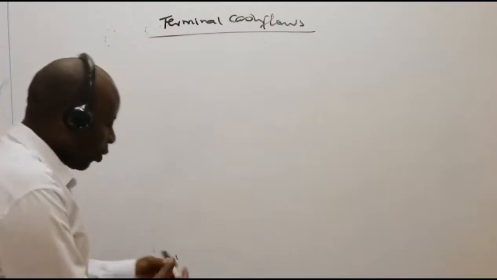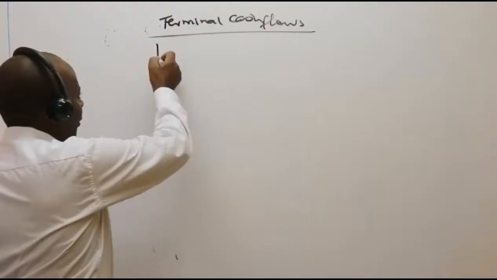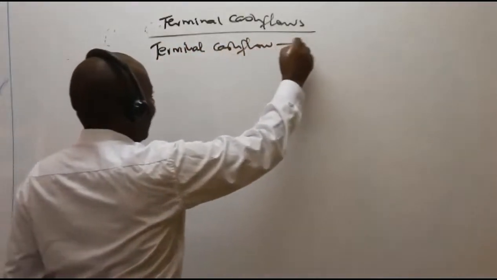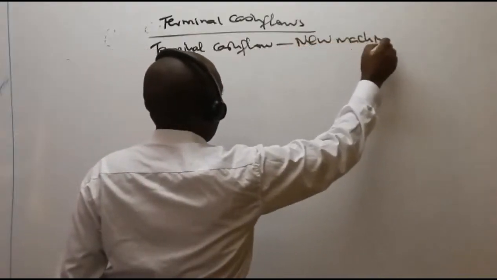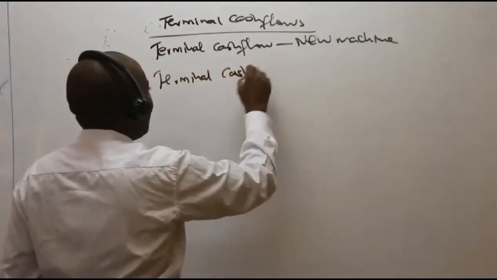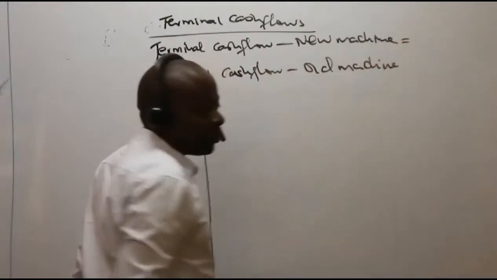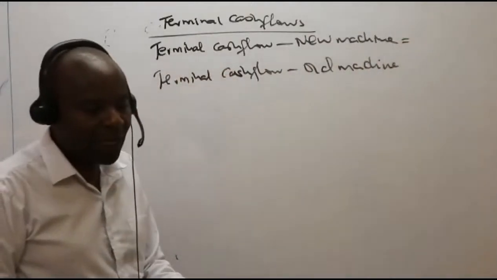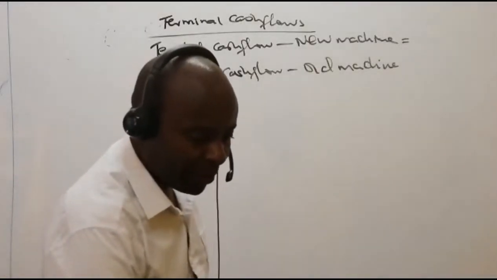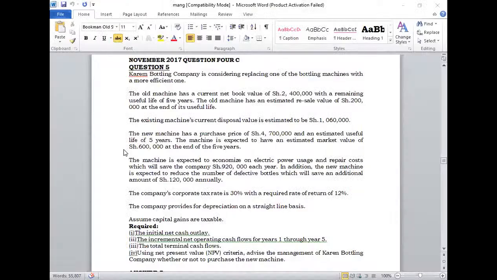So terminal cash flows will pick the terminal cash flow of the new machine, and then the terminal cash flow of the old machine. Has the examiner given the terminal scrap value of the new machine?